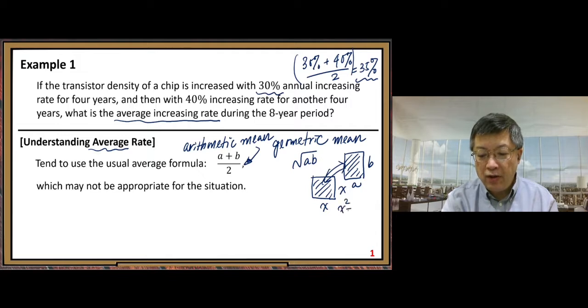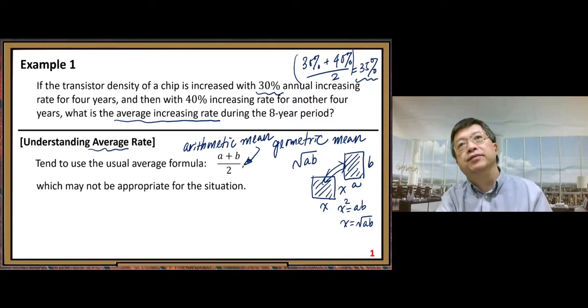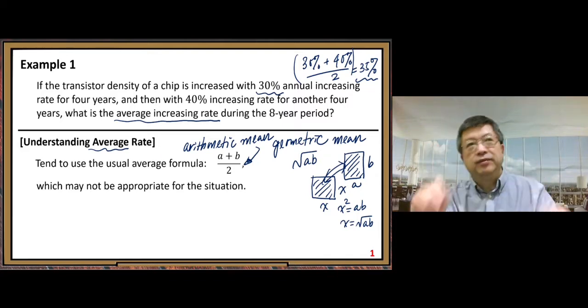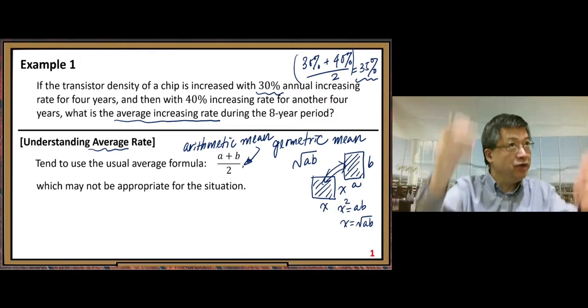X squared equals AB, so x equals root A times B. So we call it geometric mean because you use this geometry background. That's another mean, another average, right?